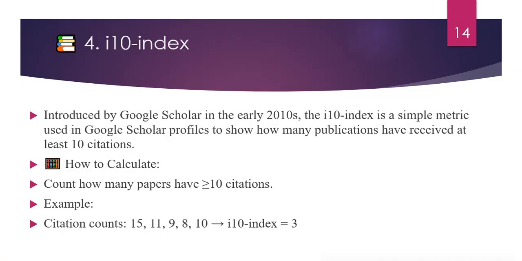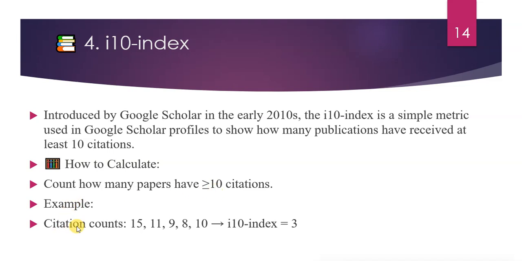Another index is the I-10 index. The I-10 index was introduced by Google Scholar in early 2010. It is a simple metric in the Google Scholar profile to show how many publications have received at least 10 citations. It's a very simple calculation: count how many papers have more than 10 citations.